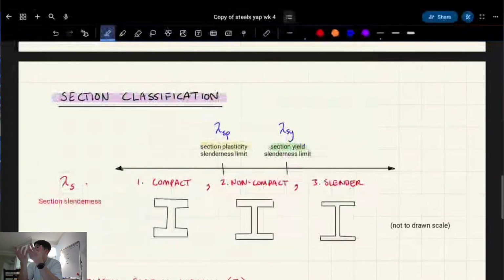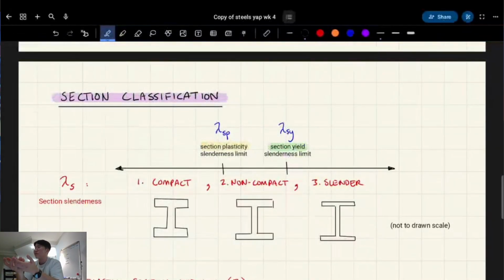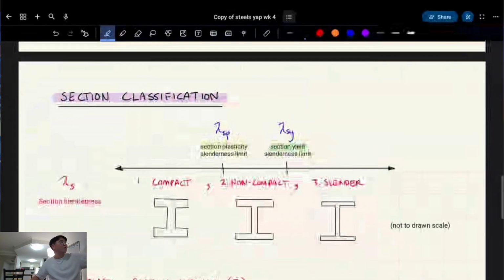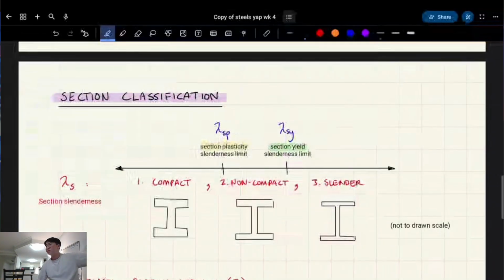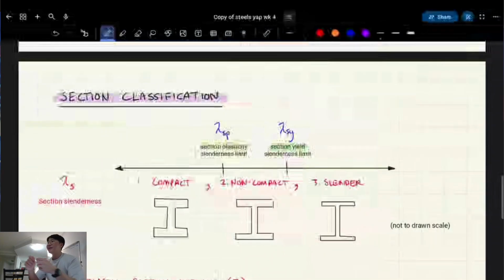Compact, because they'll be less likely to break elastically. What happens is, if you have a slender section, it might not even reach yield at all before it breaks. So it'll be like an elastic band that just snaps.